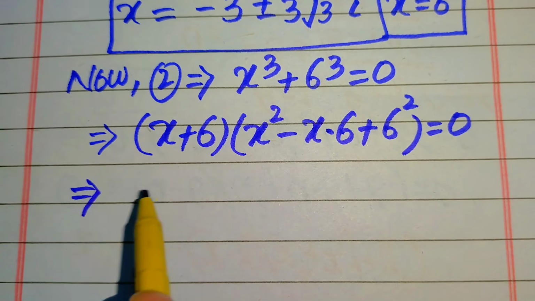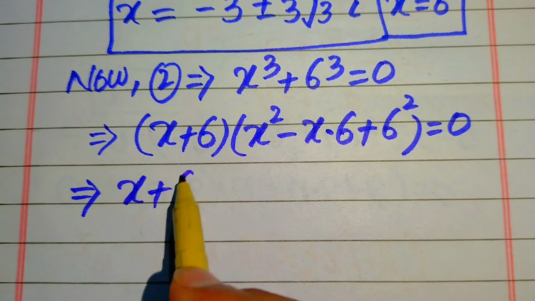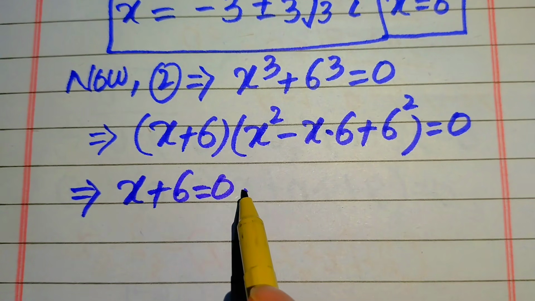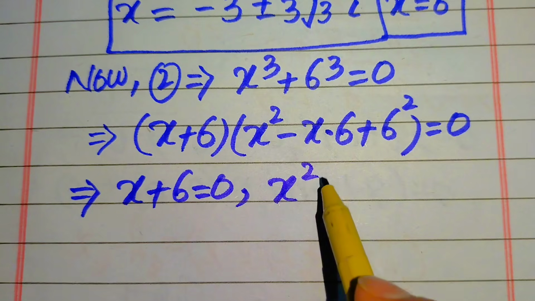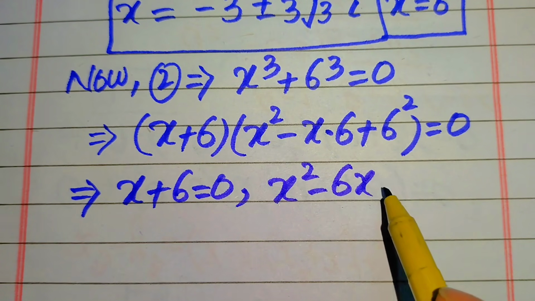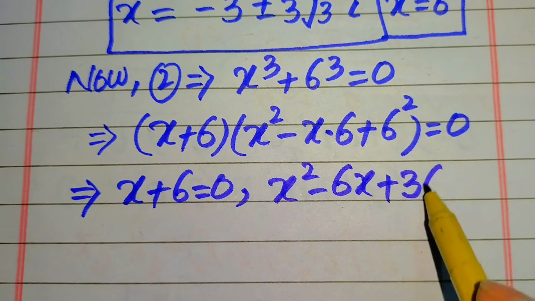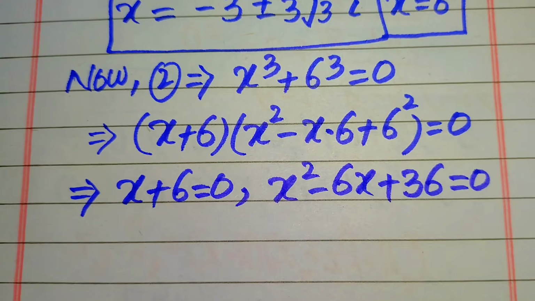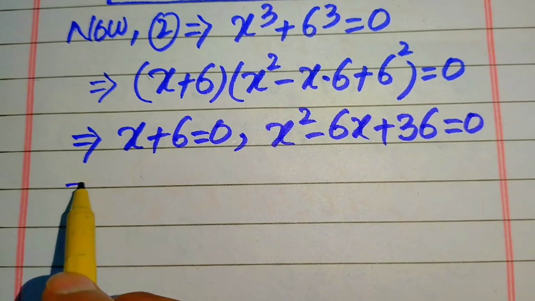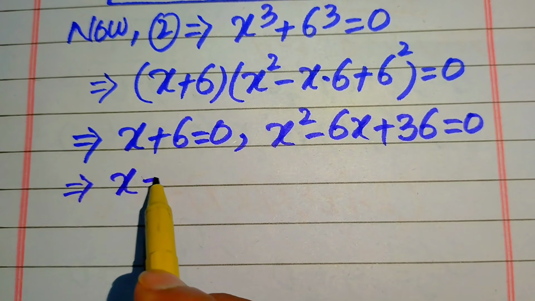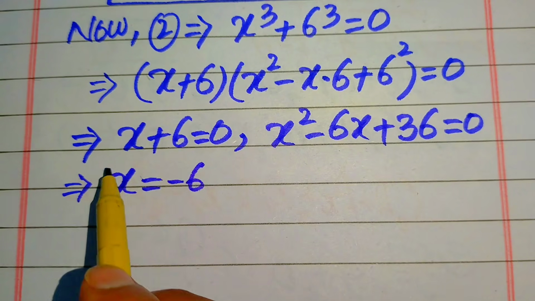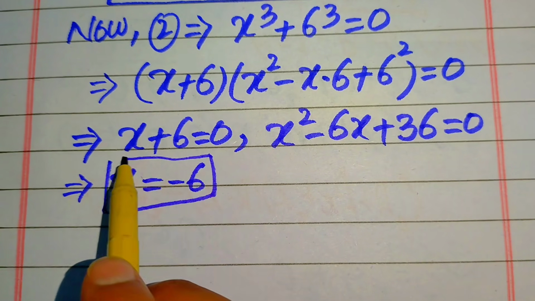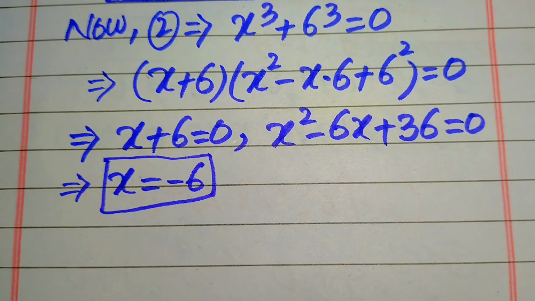Now we divide this equation into two cases. The first case is x plus 6 equals 0, and the second case is x square minus 6x plus 36 equals 0. From the first case, we easily get x equals minus 6. So this is the fourth root of the given equation.